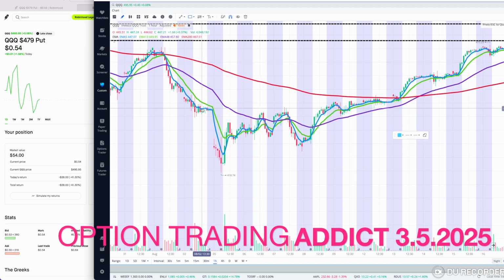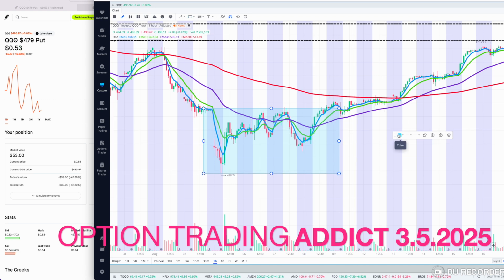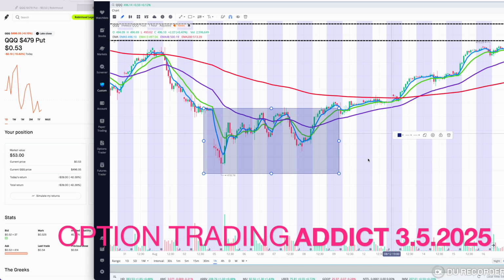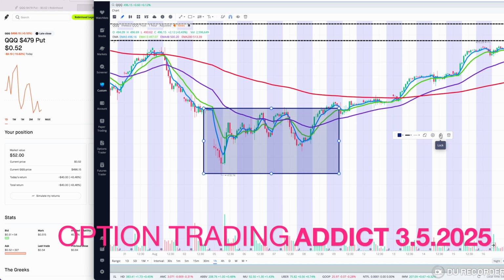I'm gonna box this in, and I'm gonna use a color that I normally don't really use. Let's do this color. We can say it's becoming one with the chart. Okay, I'm gonna lock that in.